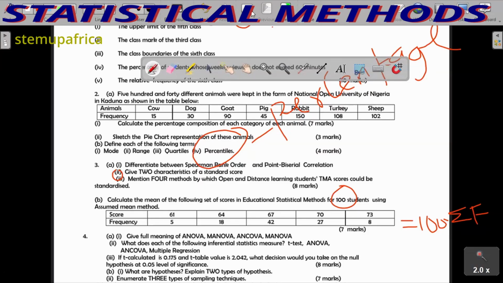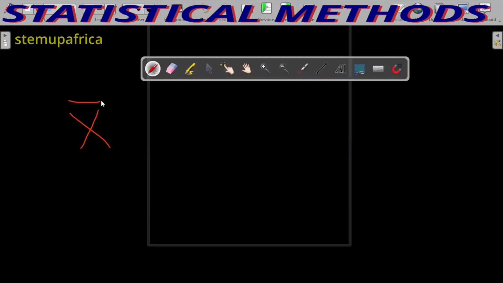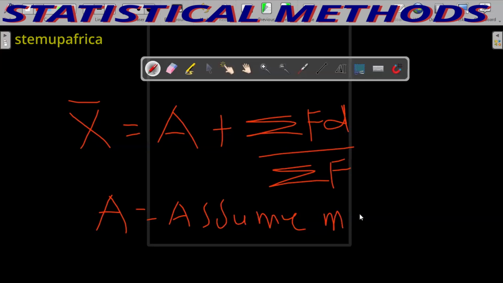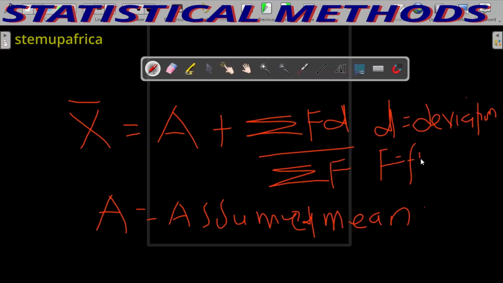The mean itself is called X bar, which is A plus summation FD over summation F, where A is the assumed mean, while D is called deviation. Then F, as we know before, is frequency.